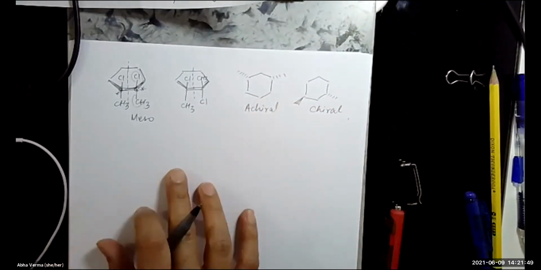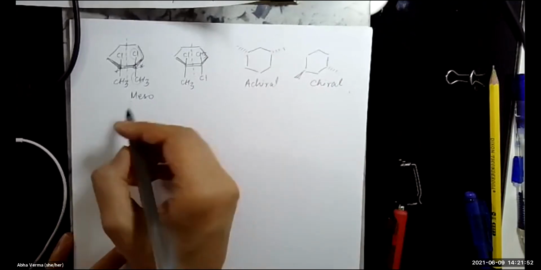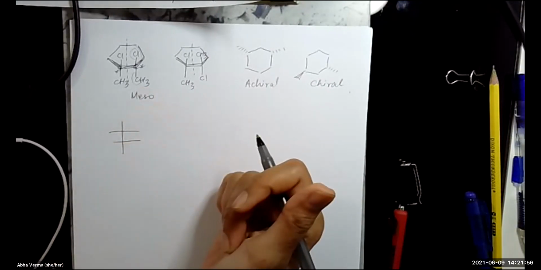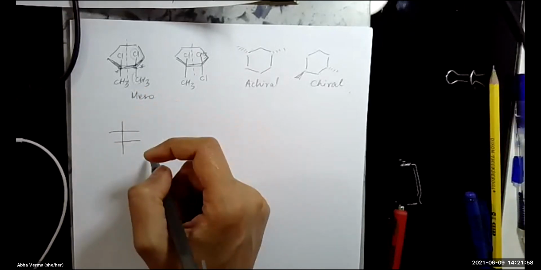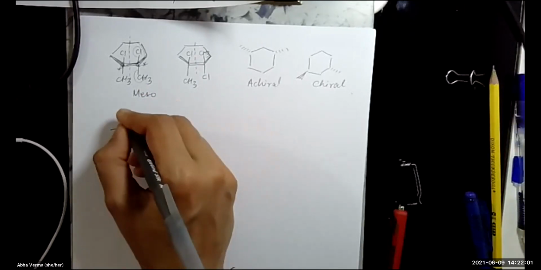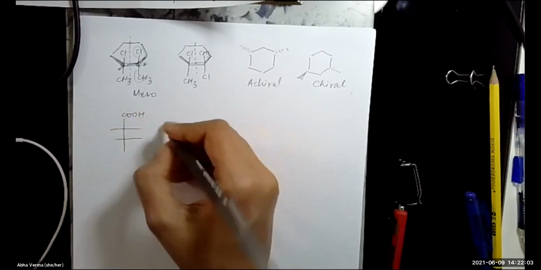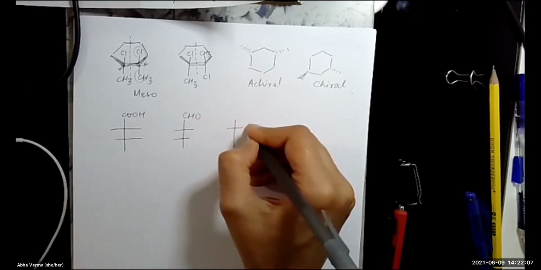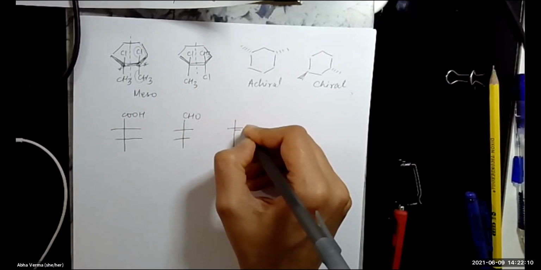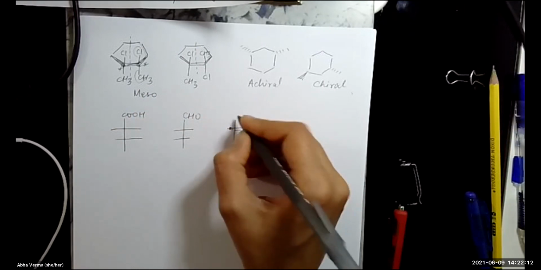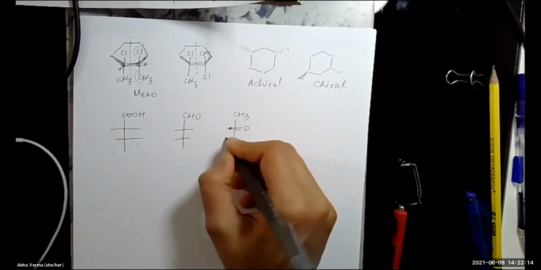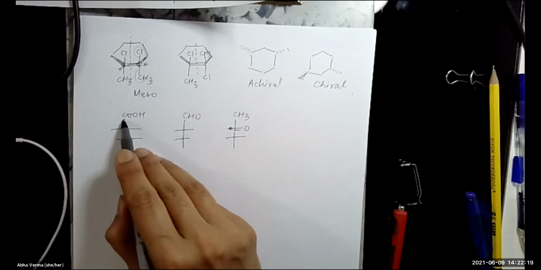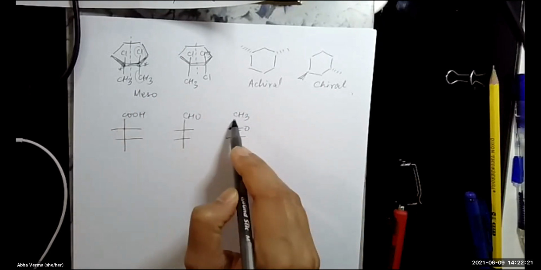So Fischer projection, as we were seeing, is a shorthand notation of depicting long chains of carbon, and usually we use them in sugars. By rule, the most oxidized carbon, which could be a carboxylic acid, an aldehyde, or a ketone also, goes at the top. So the most oxidized carbon has the most number of bonds to oxygen.